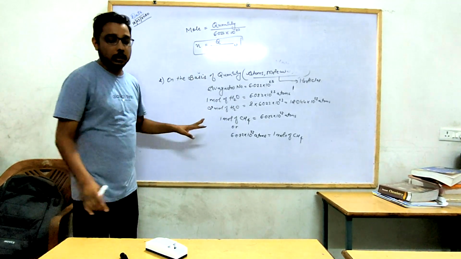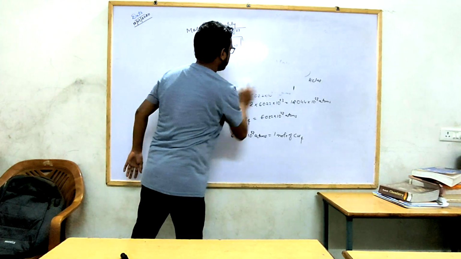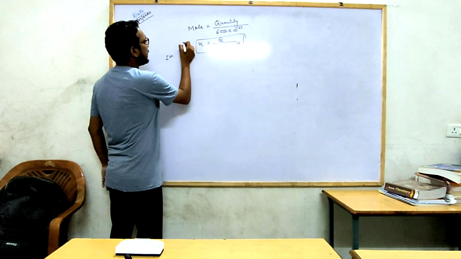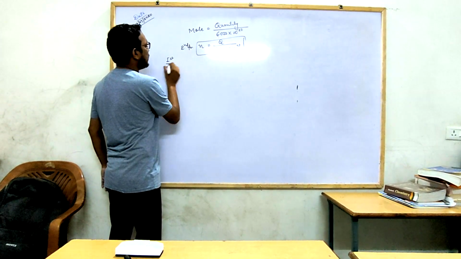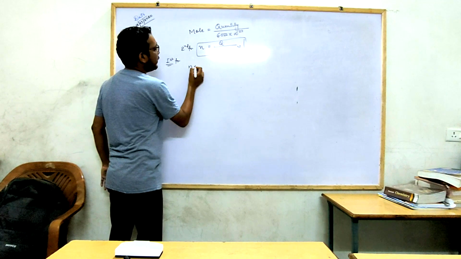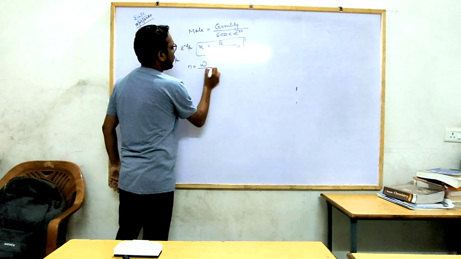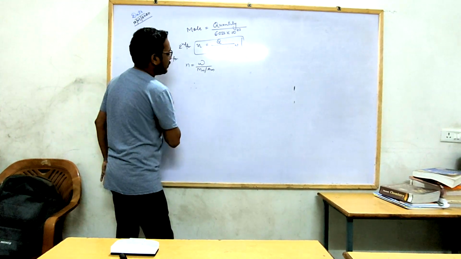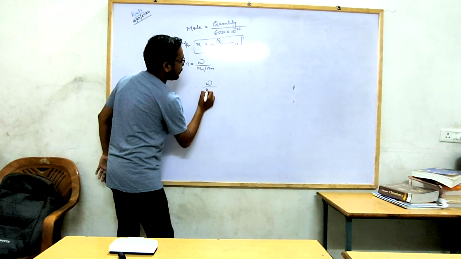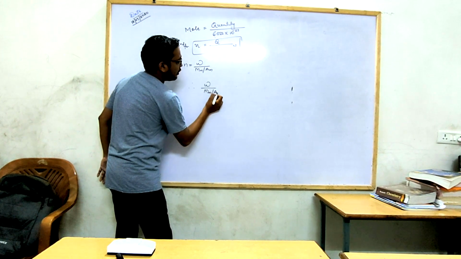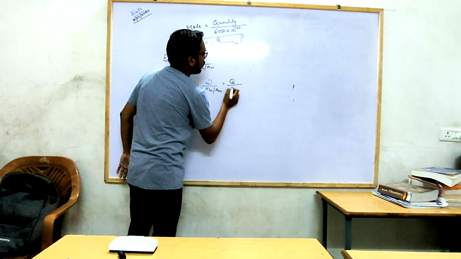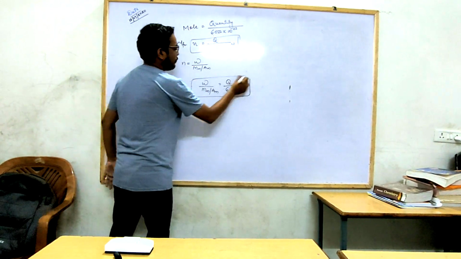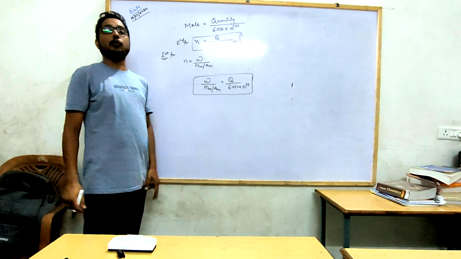What is our first formula? First formula, what we have studied, n is equal to weight upon molar mass or atomic mass. So now compare this. We can write that W upon molar mass or atomic mass is equal to quantity upon Avogadro number. This is a combination of two formulas.